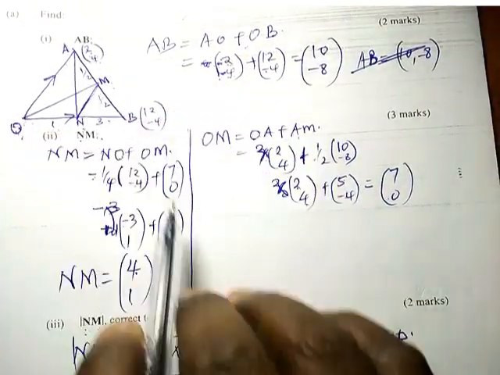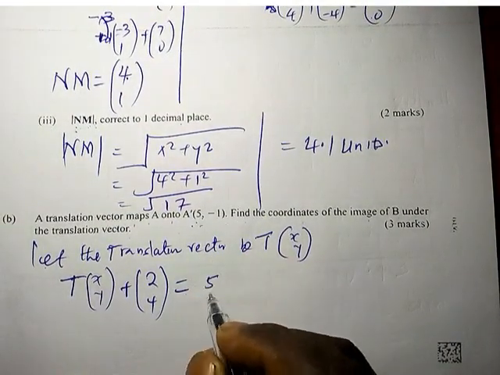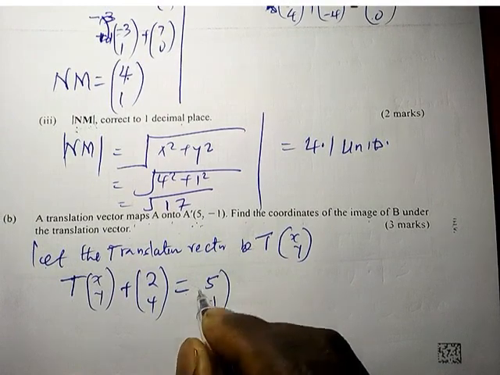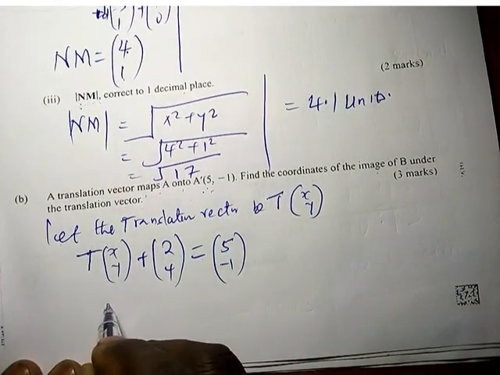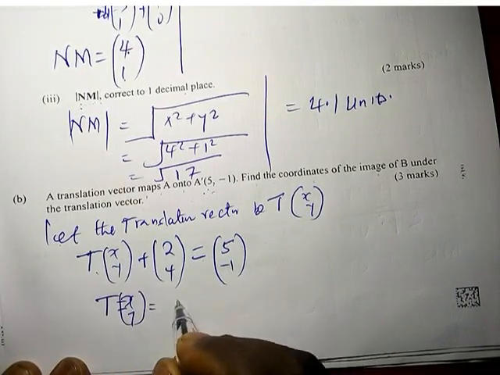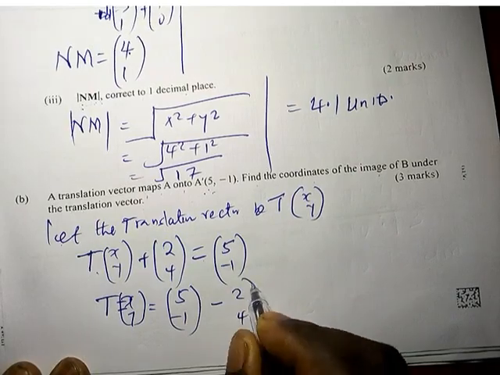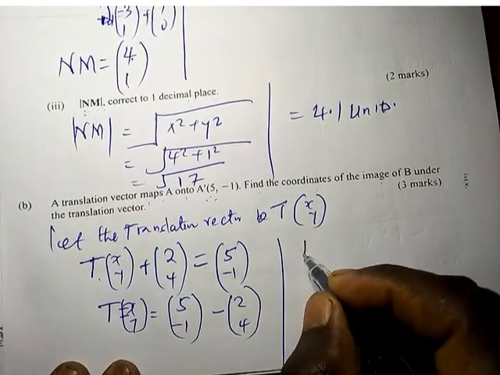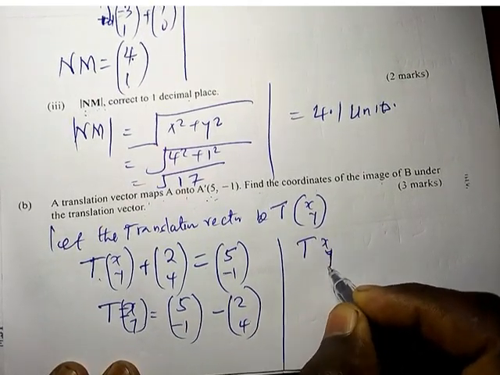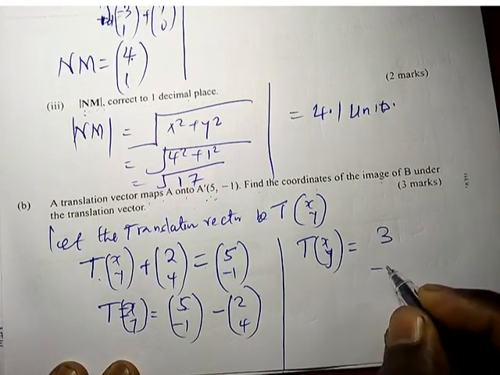The object will give us the image, which is now 5, negative 1. So to get the translation (x, y) will be 5, negative 1 minus 2, 4. So T is equal to 3, negative 5.